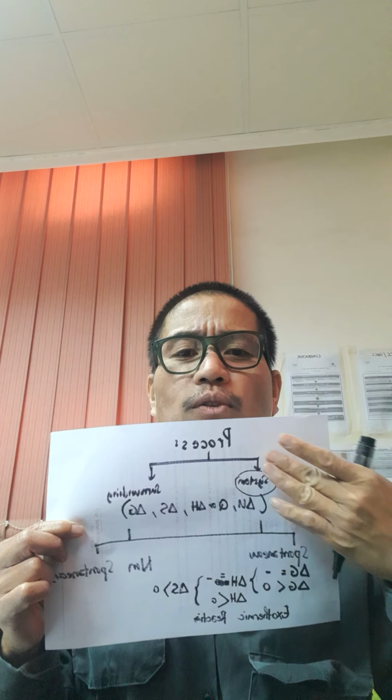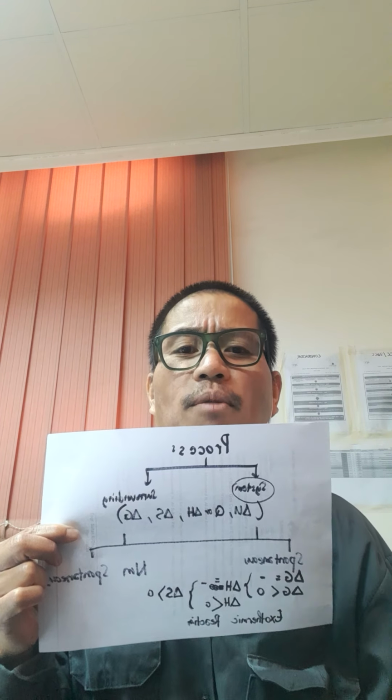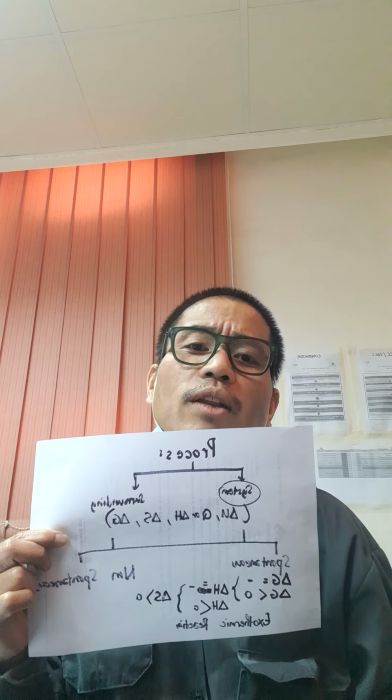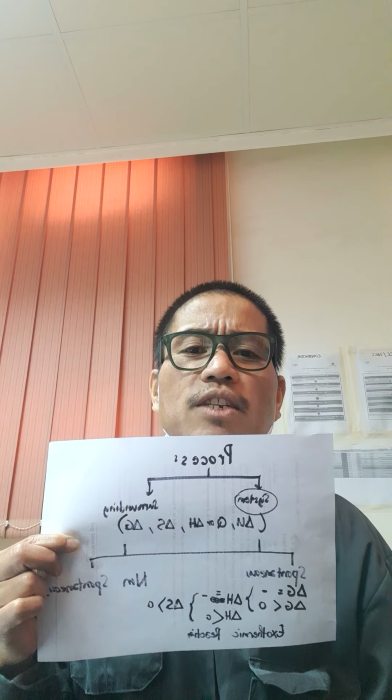We are referring to the system. So that's the relationship. So in summary, in a spontaneous reaction, the Gibbs free energy is negative, less than 0. Your enthalpy is directly proportional with that, meaning your enthalpy or heat also will be less than 0 or negative. But your change in entropy will be greater than 0, or entropy will be positive.